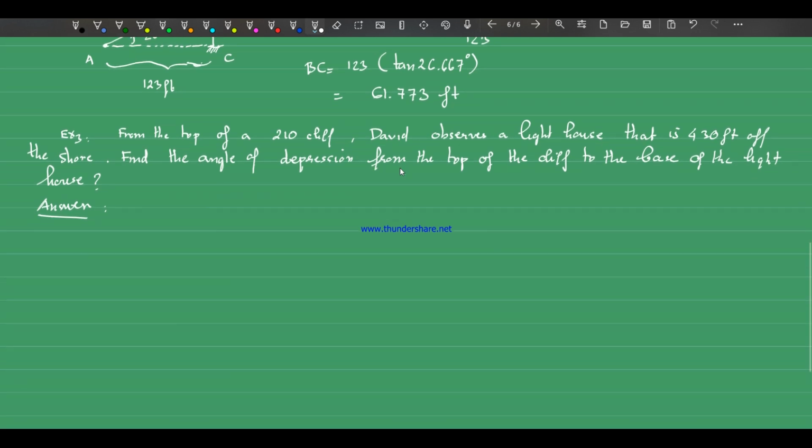Okay, so we have the cliff and we have the lighthouse. Of course, we assume the sea level is not above the ground, so it's on the same level. So here is the cliff, and this is the seashore. There's an ocean over here, and a lighthouse right here.